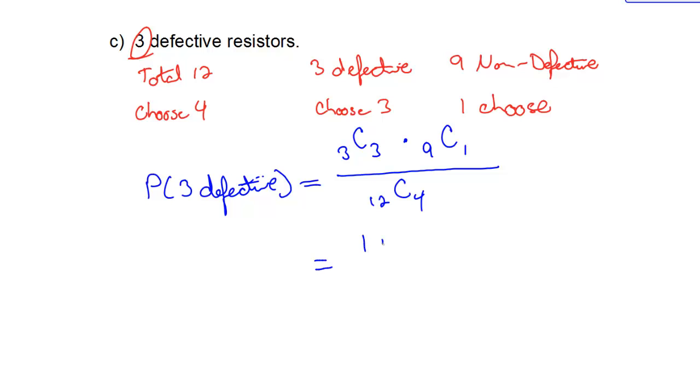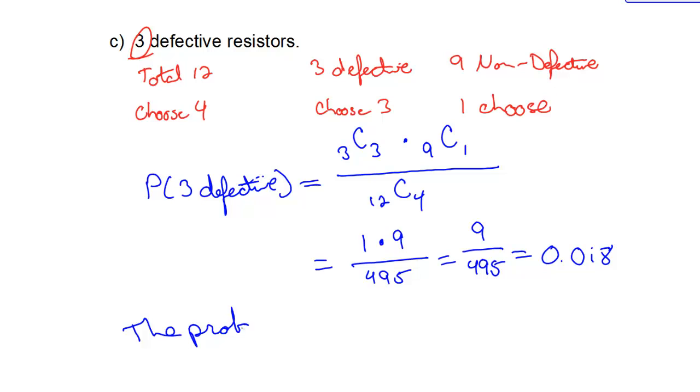There's only one way I can do that. 9, choose 1. There are 9 different ways I can do that. 12, choose 4. We've already done that, which is 495. So I get 9 divided by 495, which is 0.018.